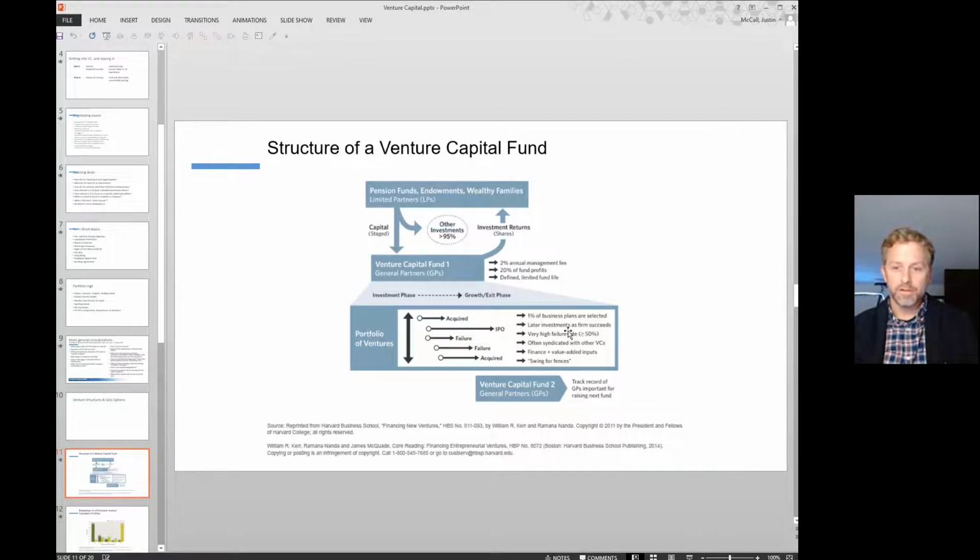So 1% of those business plans are selected, and later investments as the firm succeeds. So if we're a startup and we're doing well, it's not unlikely that a venture capital firm would come in and pour money and more money and follow on around. So from seed to angel to Series A to B, B to C to D, et cetera, they're going to continue trying to acquire more and more pieces of the pie.